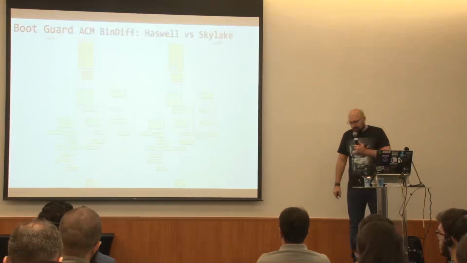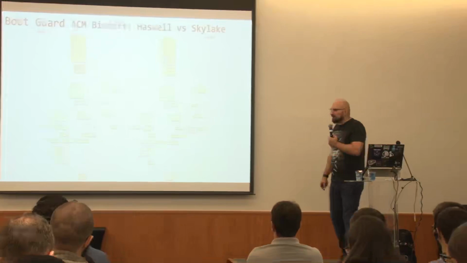And after I think about parsers, I always think about bin diffing from past versions of ACMs. I did some bin diffing for different versions of ACMs. As an example, I compared Haswell and Skylake, and there are not a lot of changes, just one.